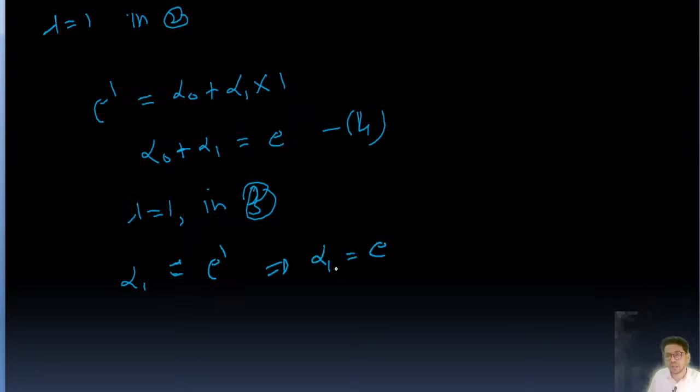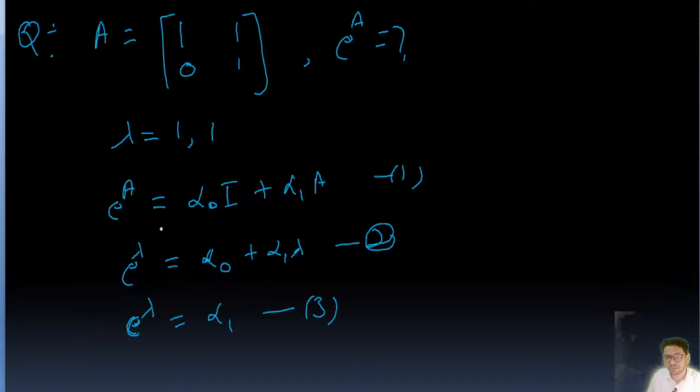Now we'll put the value of alpha 1 in equation 4. Then alpha naught plus e equal to e, the e's get cancelled, alpha naught equal to 0. So the values of alpha naught and alpha 1 we have found. Now we'll put these values in equation 1.